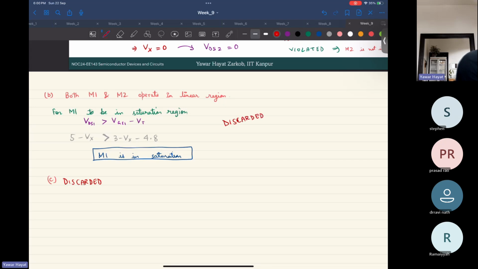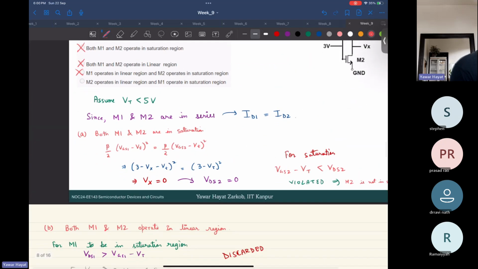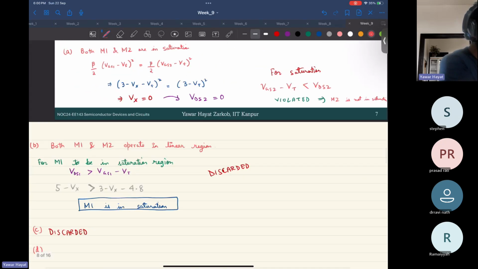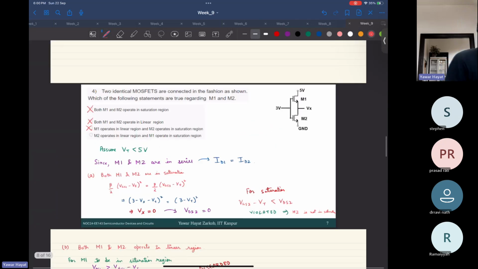Now what about option D? Any idea how should we proceed now? In order for option D to be correct, what do we need to show?